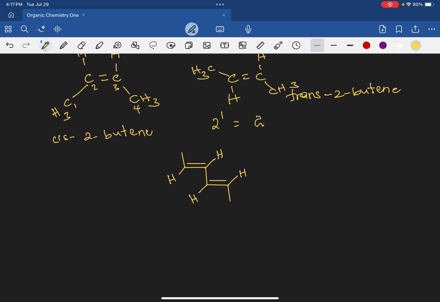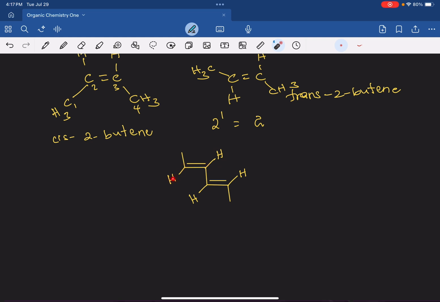All right. Now, we need to determine n. n is the number of double bonds where you can observe cis-trans isomerism. Remember, for you to observe cis-trans, what you're looking for is one hydrogen on each one of these carbons. So this has one hydrogen, so we're on our way. This carbon also has one hydrogen.